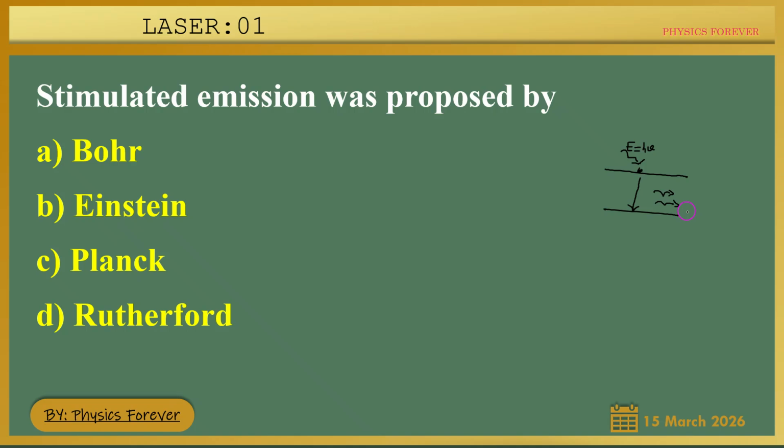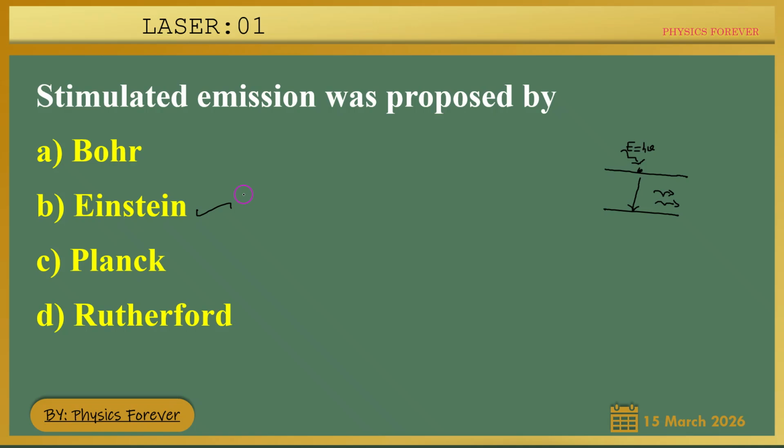Okay, so mainly what you should know: in stimulated emission, when an incoming photon triggers the excited atom, when it comes to the ground state it emits another photon, so we get two identical photons produced. Okay, so this is stimulated emission. Stimulated emission was proposed by Einstein. First he started the work in 1916, then proposed it in 1917.